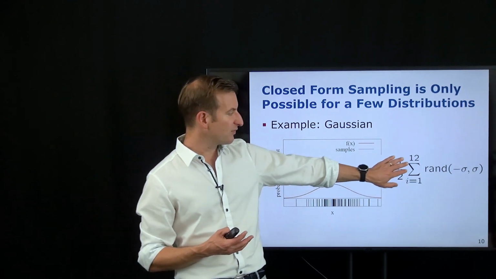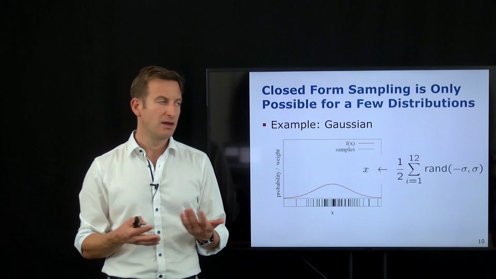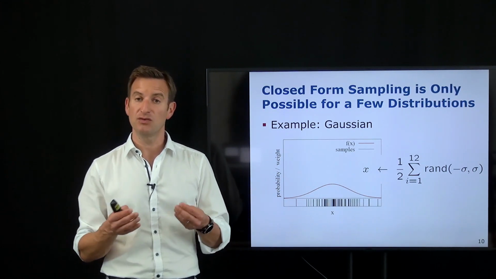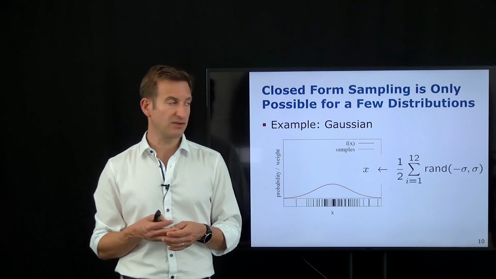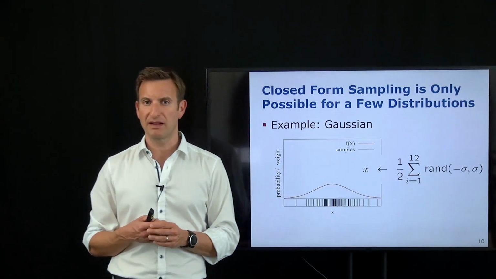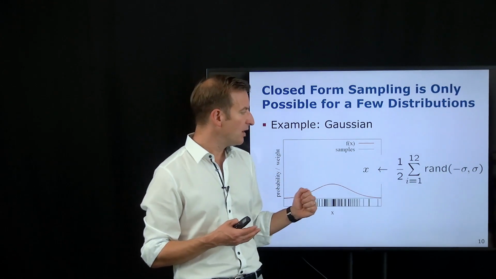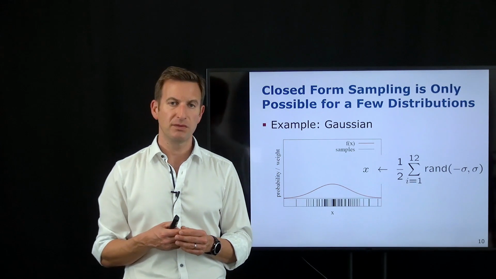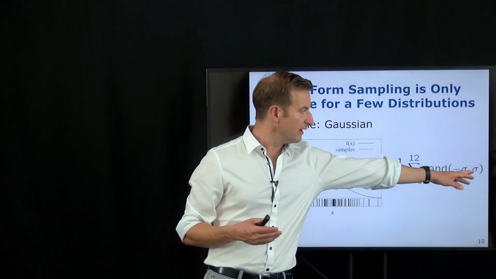What you can do is take 12 random numbers, each drawn uniformly between minus sigma and plus sigma, where sigma is the standard deviation that you want to achieve. You add those 12 numbers up and divide the resulting value by 2. Then you will get samples which are drawn approximately from a Gaussian distribution. You can see from this example that the maximum value that you could draw is sigma.